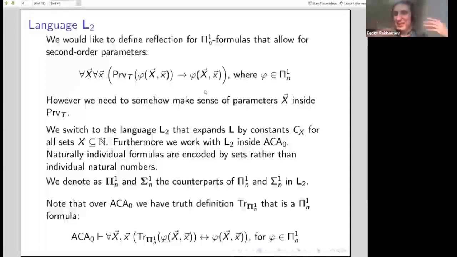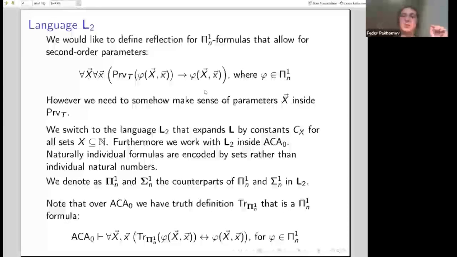To consider the formula φ of 5, you just consider the formula φ of the successor function iterated five times applied to 0, and that is basically your substitution of the parameter. This couldn't be done in second order arithmetic, because there is no canonical term representing any given set, of course.